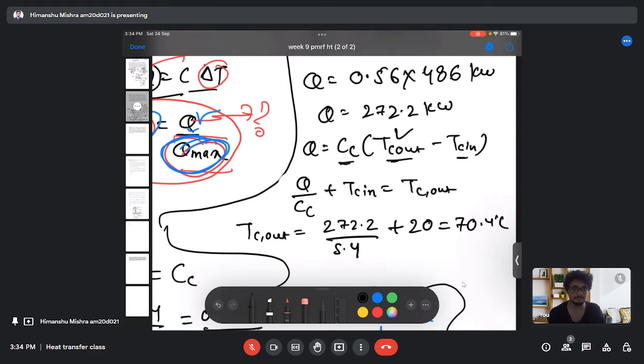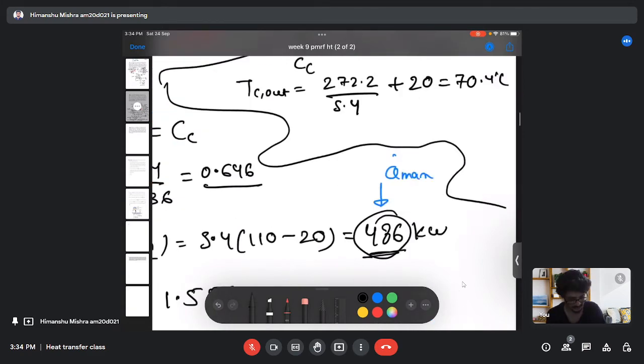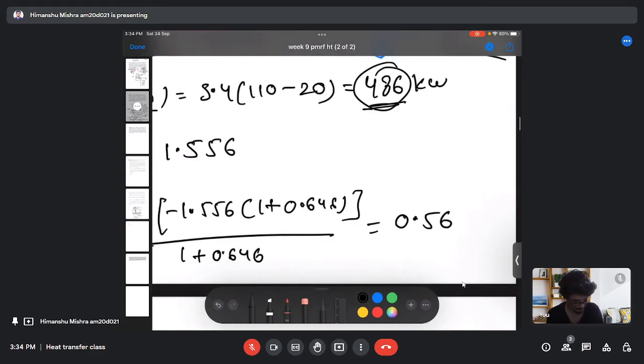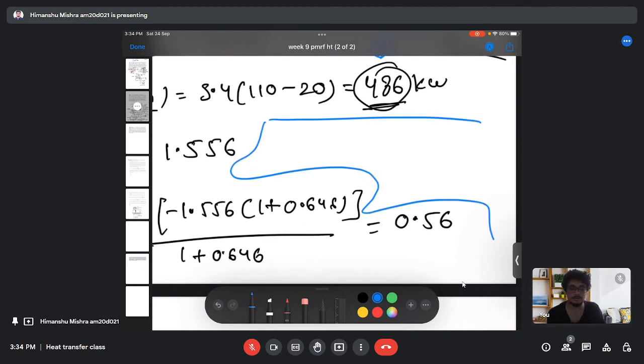Now we can use a similar exercise to find the temperature of hot fluid at the outlet. So this is my temperature of hot fluid at the inlet and this is my temperature of hot fluid at the outlet and this is my heat capacity for the hot fluid.